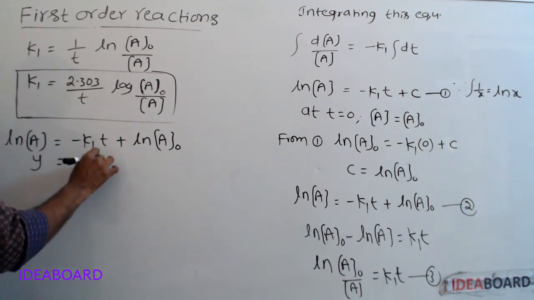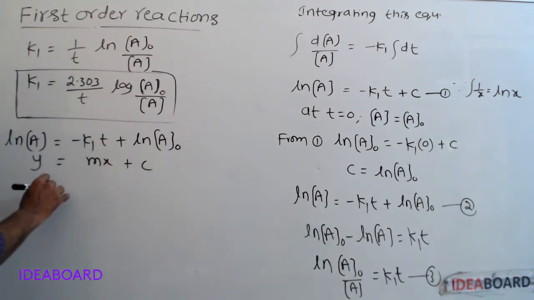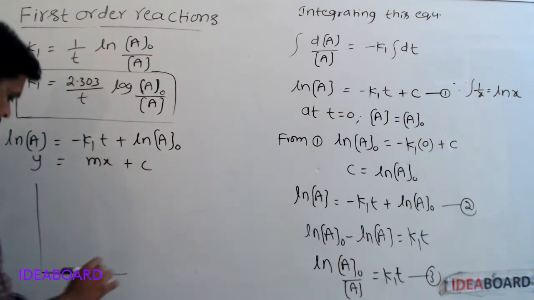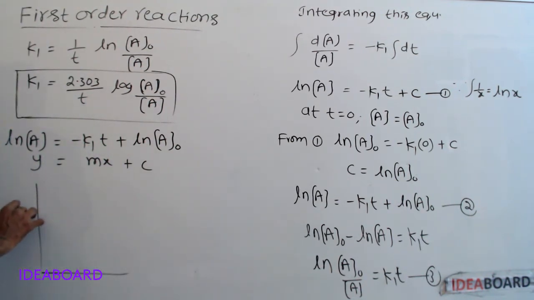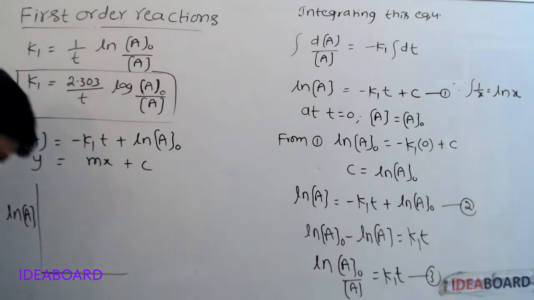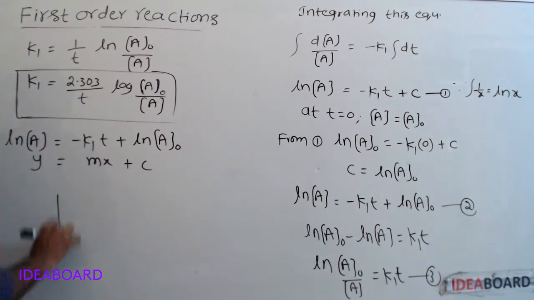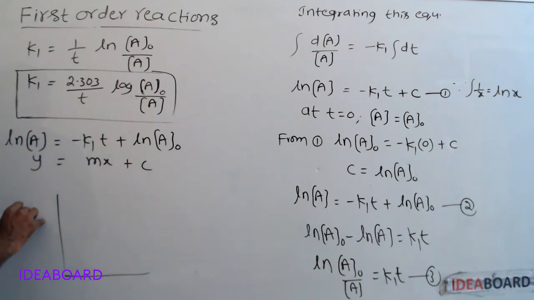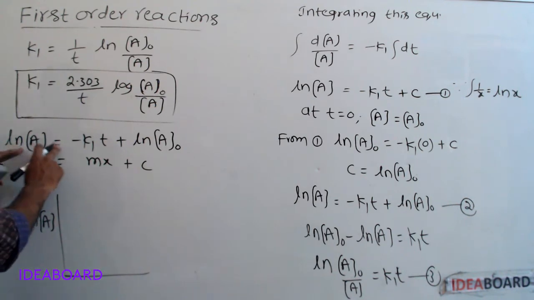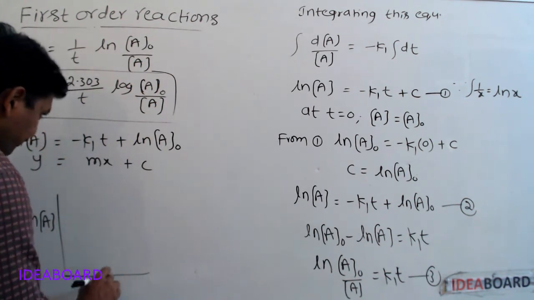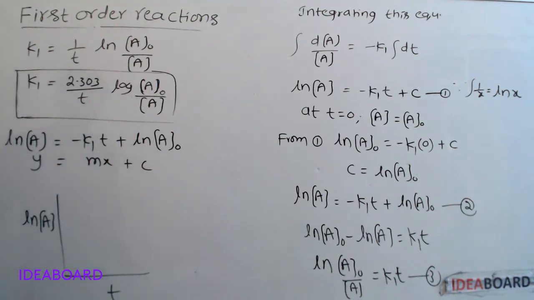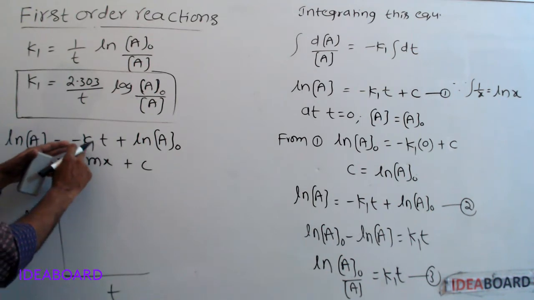When a graph is plotted between log A or ln A on the y-axis and time on the x-axis, the slope is minus K1.